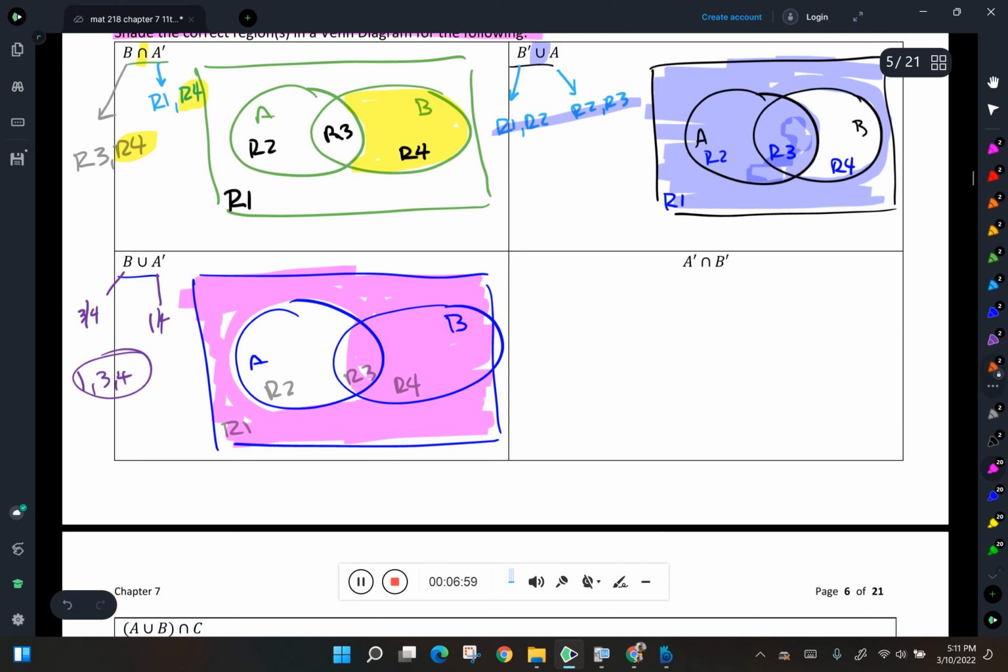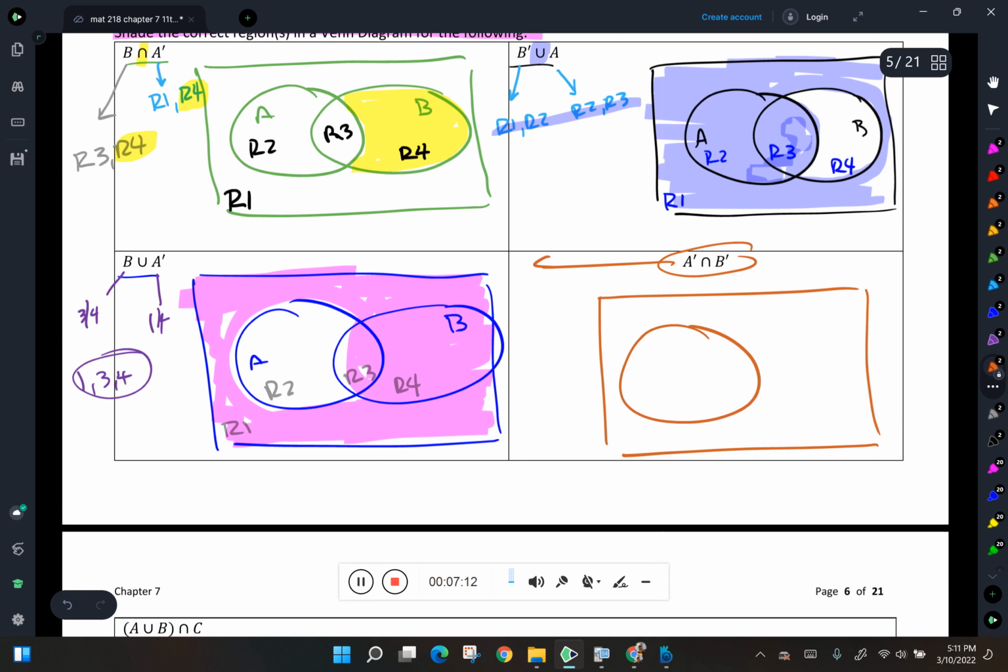Now I have no idea why this one's centered and not over to the left like the rest of them, but it is. A complement intersection B complement. Okay. A, B, Region 1, Region 2, Region 3, Region 4.